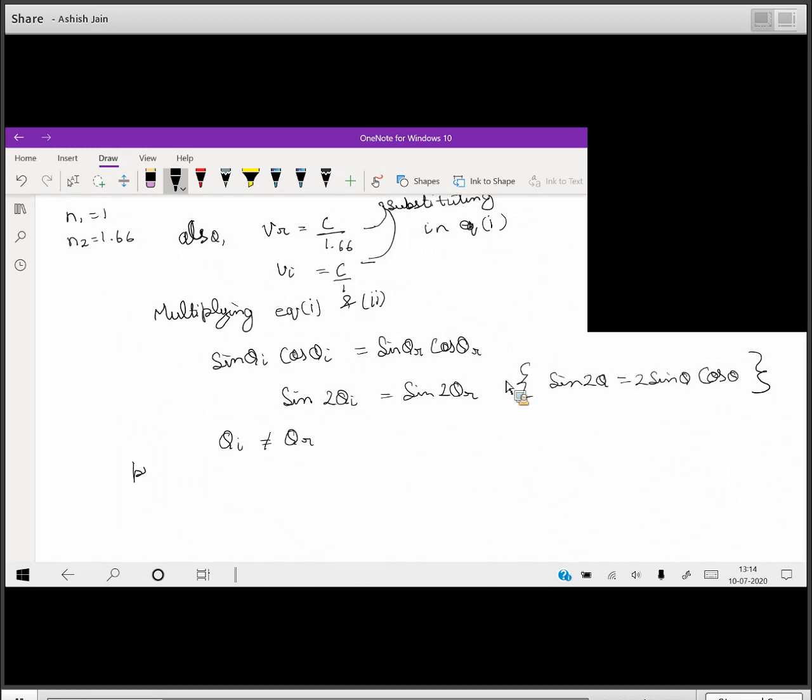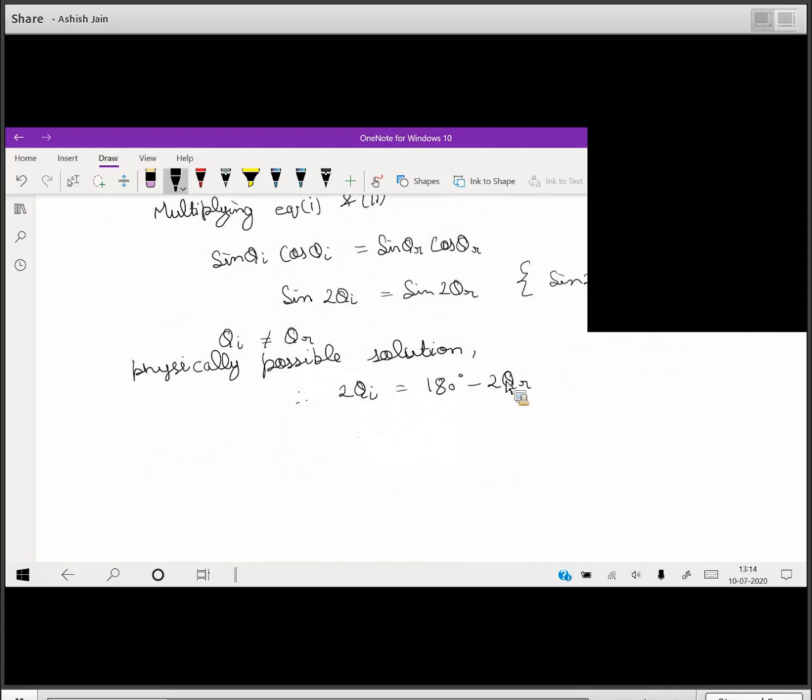So the physically possible solution, as angle of incidence cannot be equal to angle of refraction, according to the above equation is 2 theta i equals 180 degrees minus 2 theta r, or theta i equals 90 degrees minus theta r.